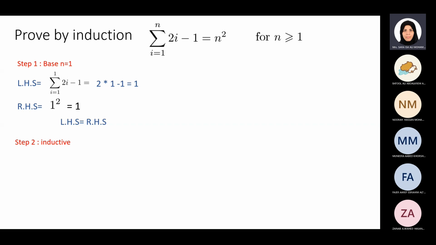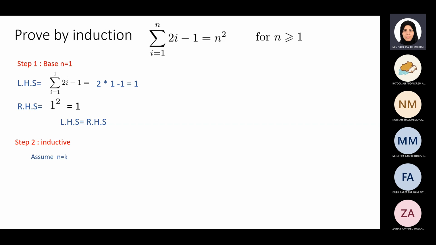The inductive step says, if this is correct when n equals k, then we can say that this is also correct when n equals k plus 1. If we want to prove it directly, we assume it's true when n equals k.